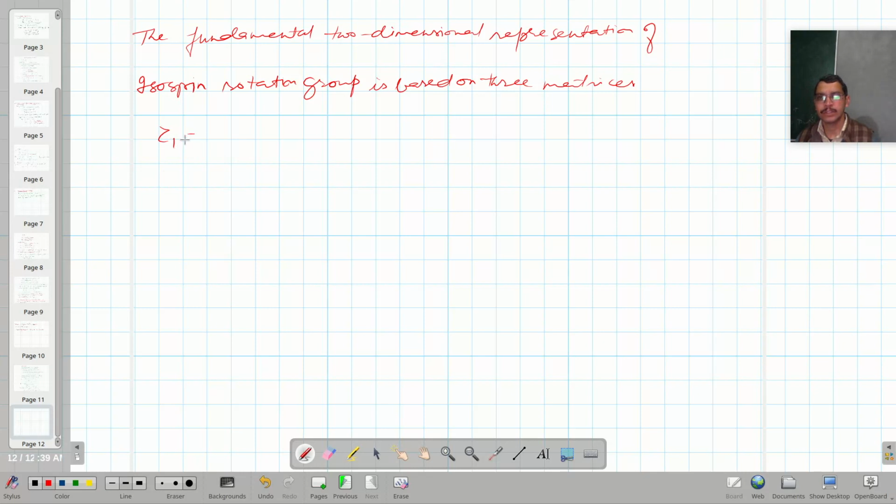That is the top one, 0 1 1 0, and these are similar to Pauli spin matrices, right? So 0 minus i 0, and tau 3 is equal to 1 0, 0 minus 1, which are identical to Pauli spin matrices.